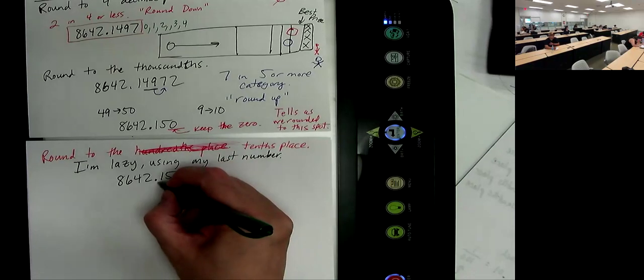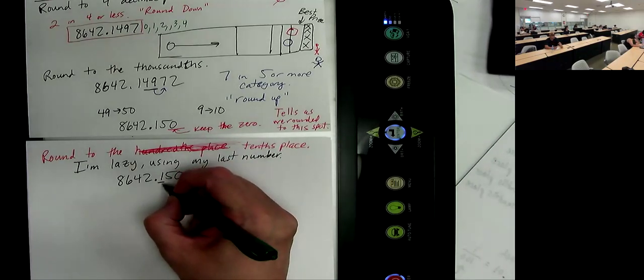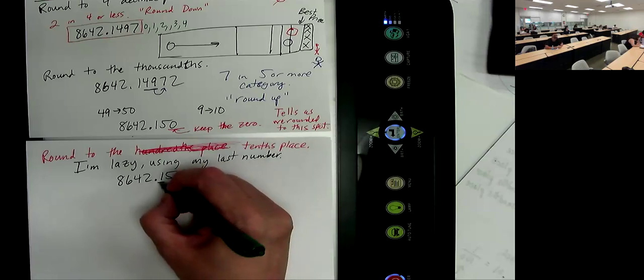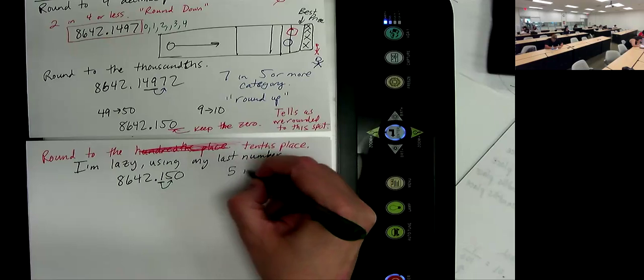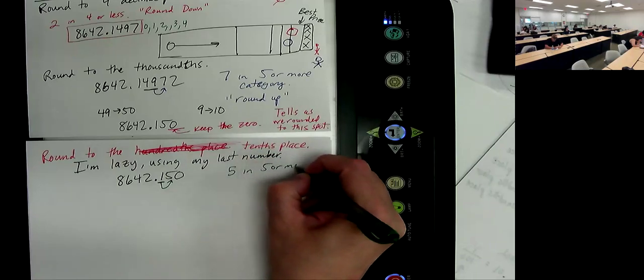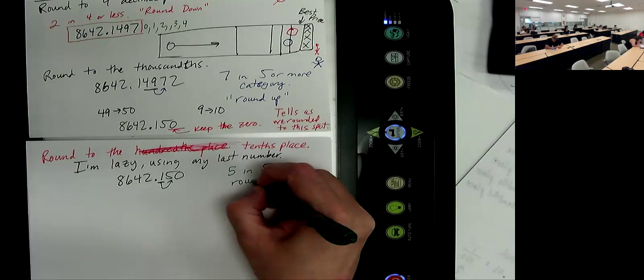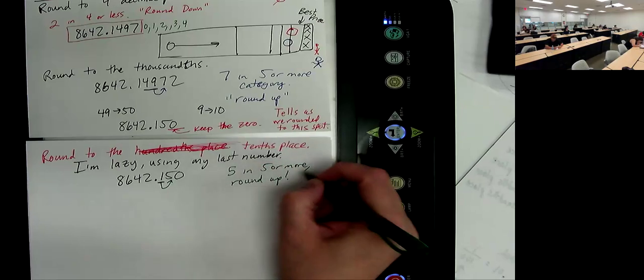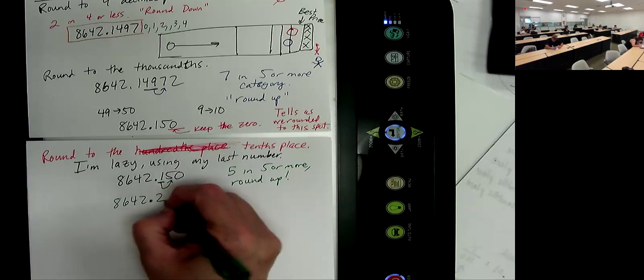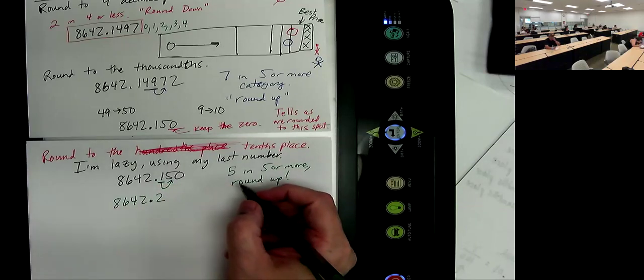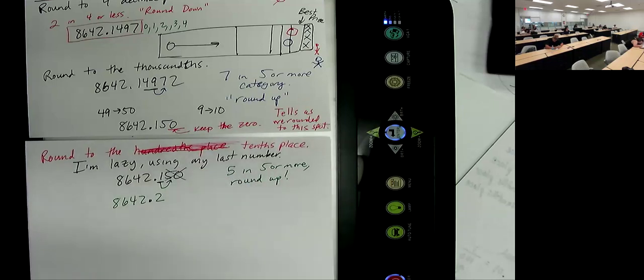So if I use the last number I used, the tenths place is the 1. I look at the 5. 5 is in 5 or more, so we round up. The 1 rounds up to a 2. And we chop off the rest.